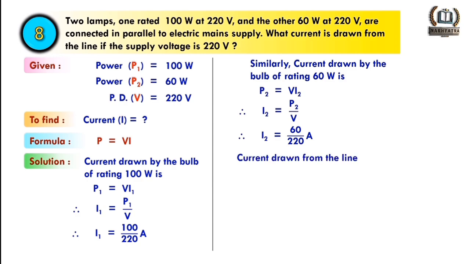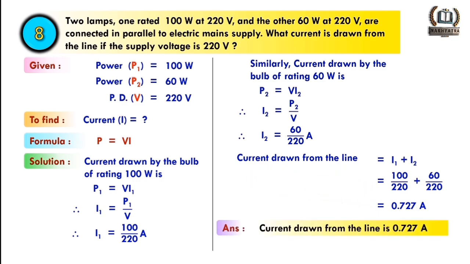Now see here, current drawn from the line equal to I1 plus I2. So to find how much current is drawn from the line, we have to add the two currents, I1 and I2. Okay, so after calculating it, the current drawn from the line equal to 0.727 ampere. I hope everybody understood.